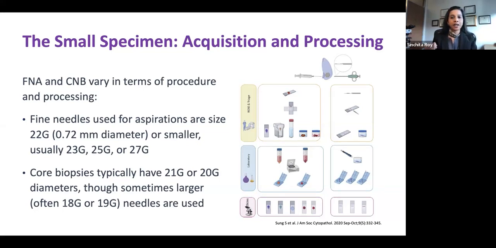We can spin it down, fix it in formalin, make a cell block. So a lot of different options as far as our fine needle aspirations go. Core biopsies tend to be unidirectional. You collect a core of tissue. It usually goes into a fixative right away, hopefully 10% neutral buffered formalin. Then that gets processed into a paraffin block. We cut sections, and then you have your core biopsies that are stained with H&E.